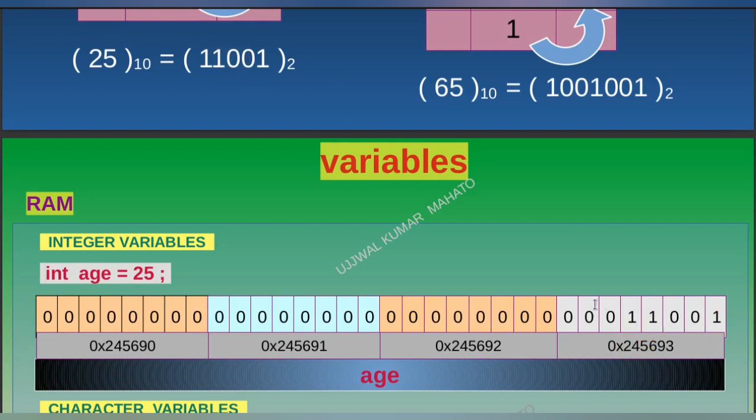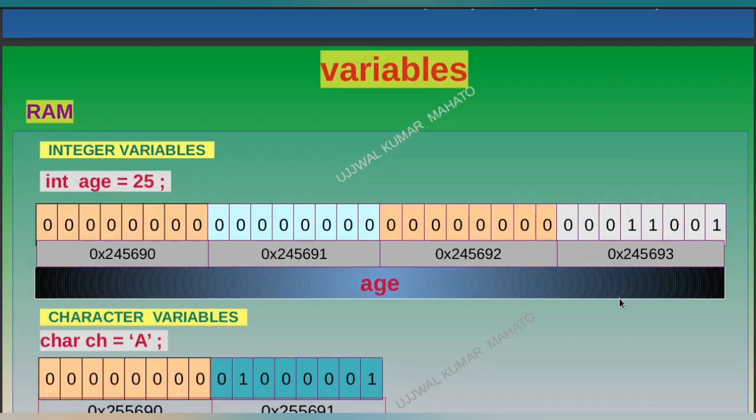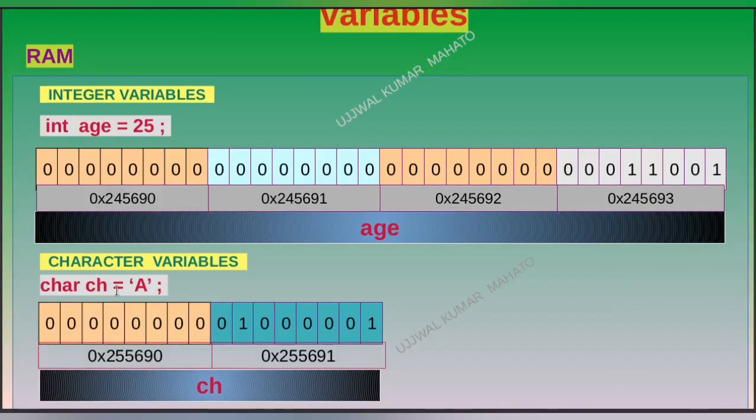So any decimal value which we use in any programming language is first converted into binary form by the compiler and then stored inside the RAM. Similarly, the character A, the value of variable ch, is also converted into ASCII code.